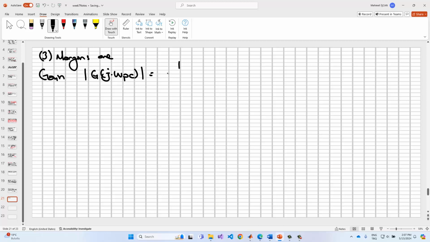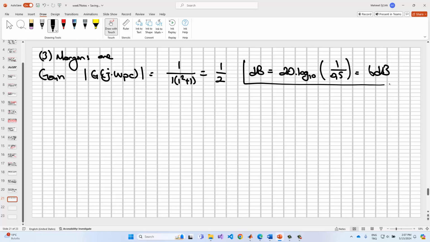And so 1 divided by the square root of 1 squared plus 1 must be equal to 1 divided by 2, right? And so in dB form it returns to 20 log base 10 of 1 divided by 0.5, which means that this is 6 dB. This is the gain margin value, the GM.